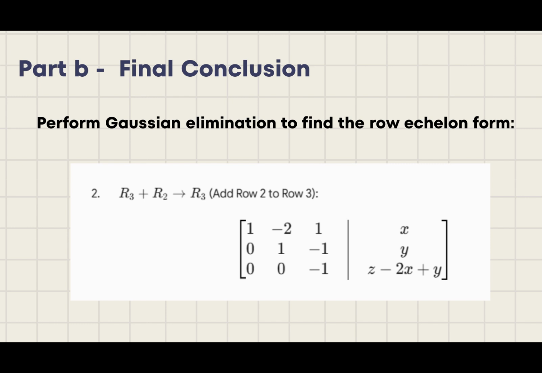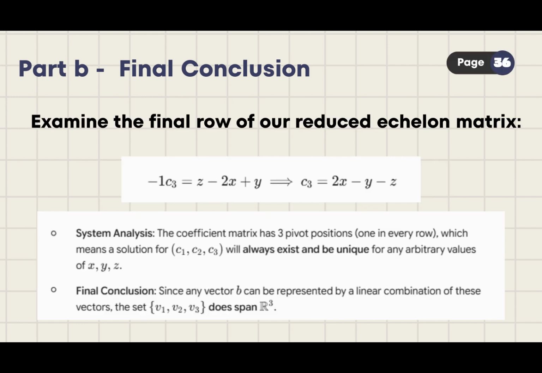First, we arrange the vectors as the columns of the matrix. Then we perform elementary row operations to transform the matrix into row echelon form. Our goal is to create pivot positions by eliminating the numbers below each pivot.